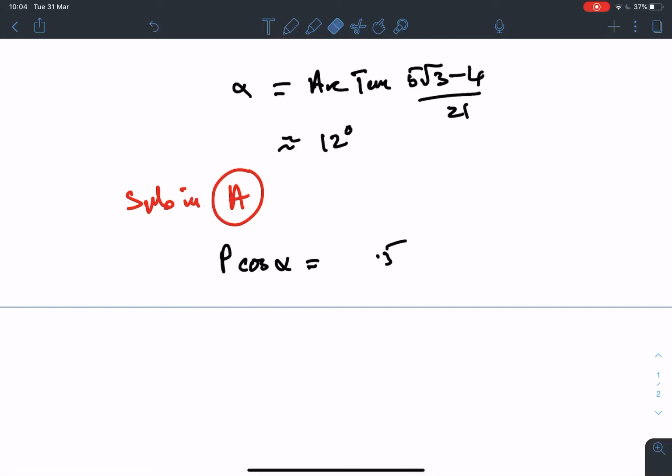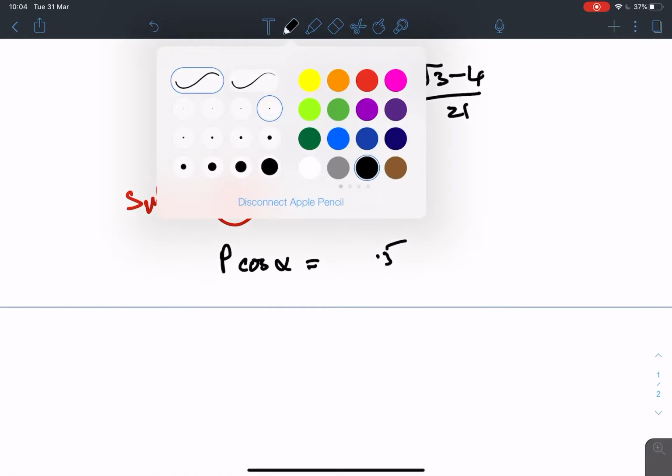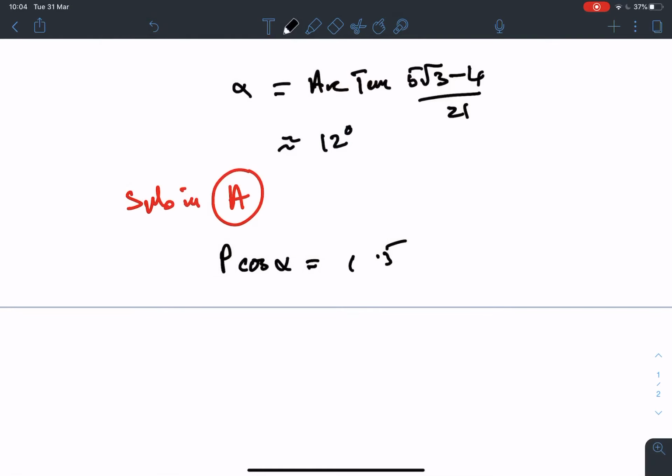Make sure you use your exact value for alpha. And P, tap it in the calculator and you should get about 11. So something around 11 newtons. And again, you can check the exact detail.